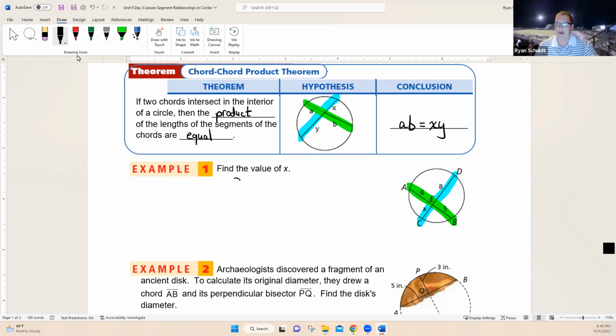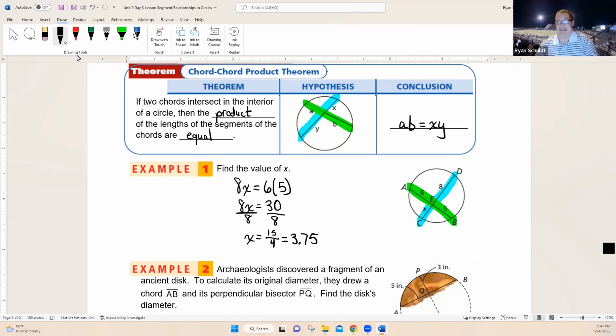So 8 times X equals 6 times 5. It's going to be 8X equals 30. If we divide by 8, we get X equals, we can write it as a fraction, as 15 over 4, or we could turn that into a decimal and say it's 3.75.